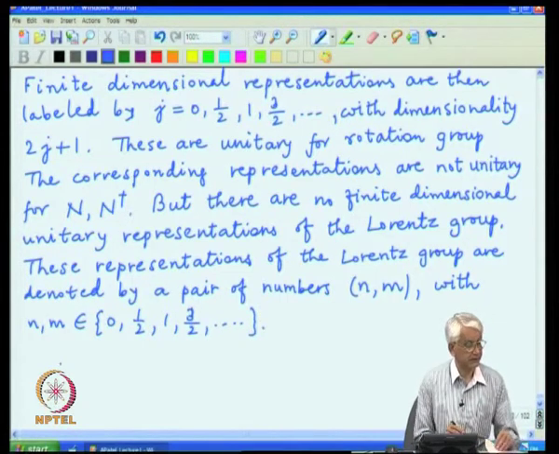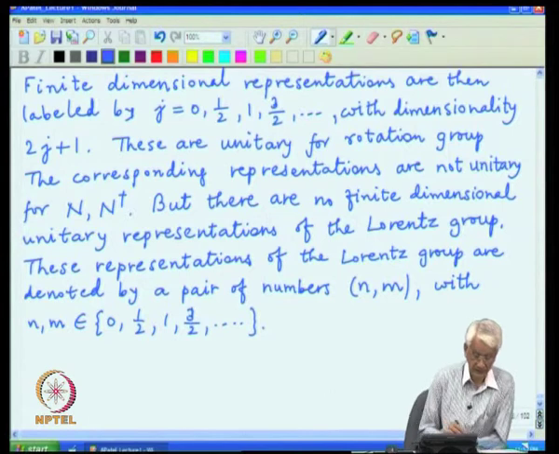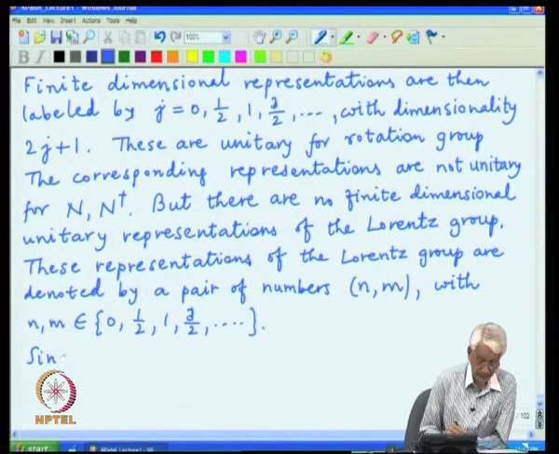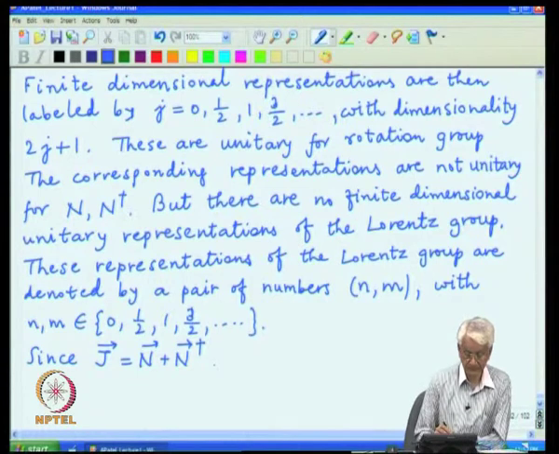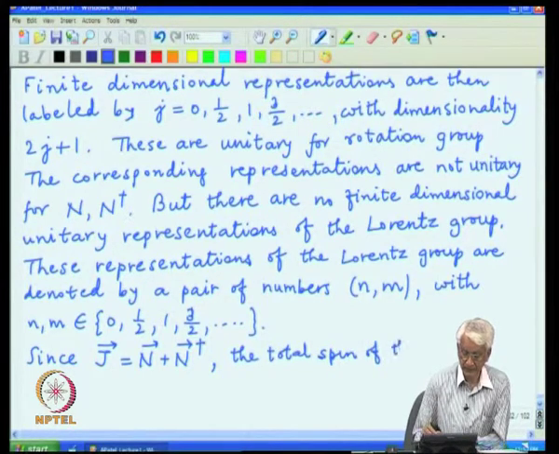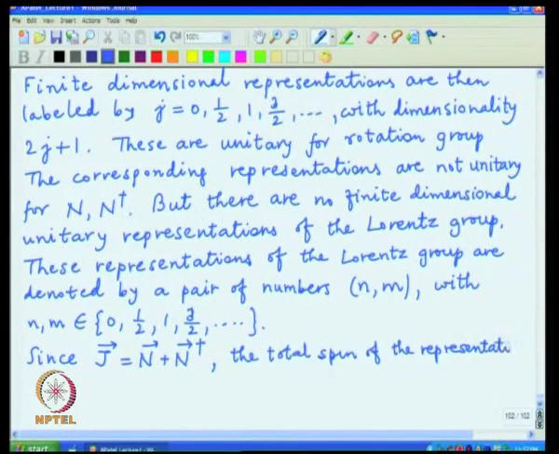One reason is very easy to see: since the rotation operator is nothing but N plus N-Dagger, the total spin of the representation is the sum of these two numbers.